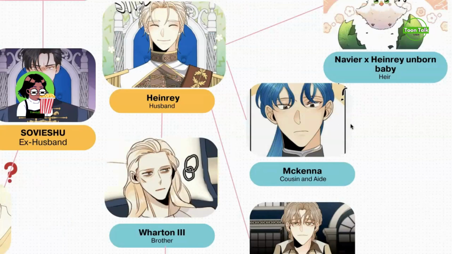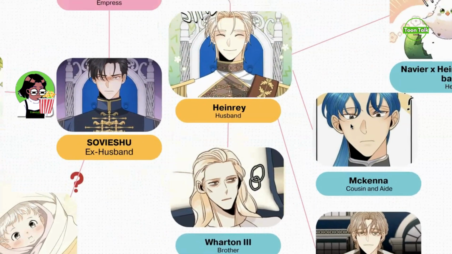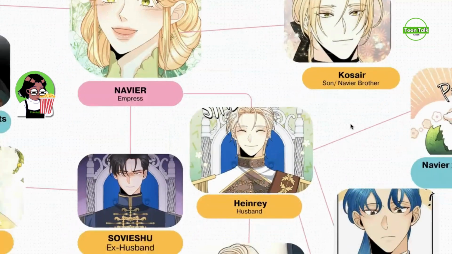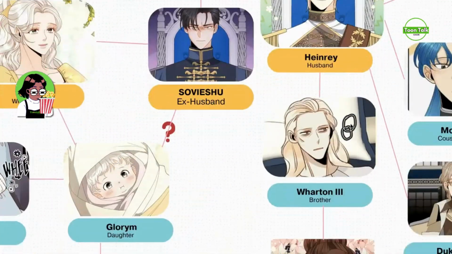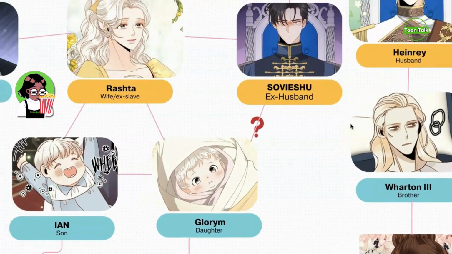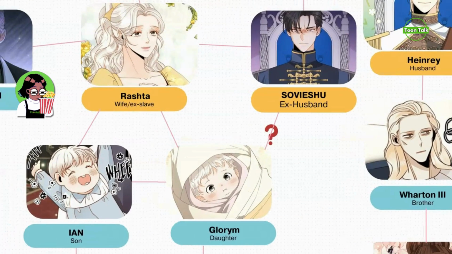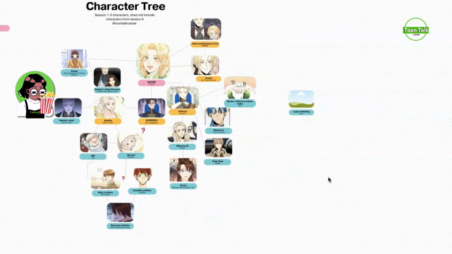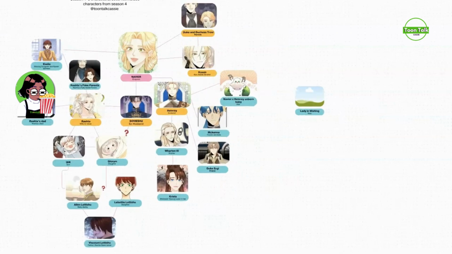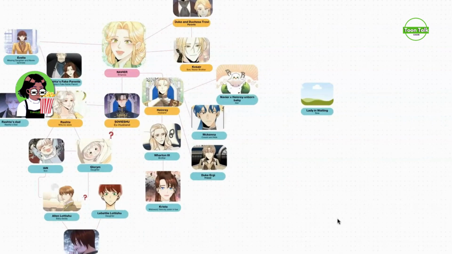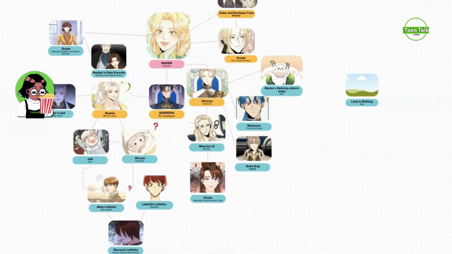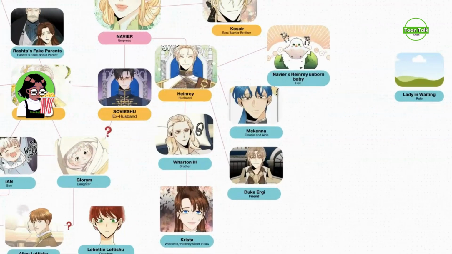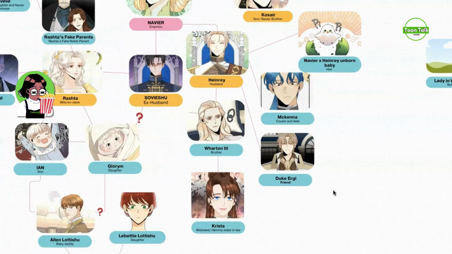So yeah, that's it for the episode. That is it for the breakdown. You guys have to let me know in the comments if you want me to do another breakdown that basically confirms who the father of Glorium is. I have my theories, like I mentioned. I'm not too sure, but I want to have evidence.